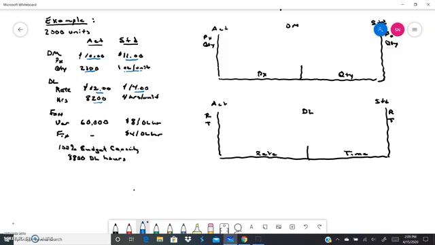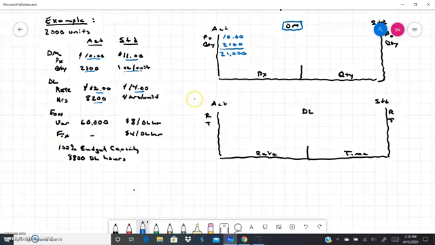So let's take a look at our direct material variance first. So we've got an actual price of $10 per unit, an actual quantity of 2,100 ounces, and so our total actual cost is $21,000. Our standard, let me move this over just a little bit.